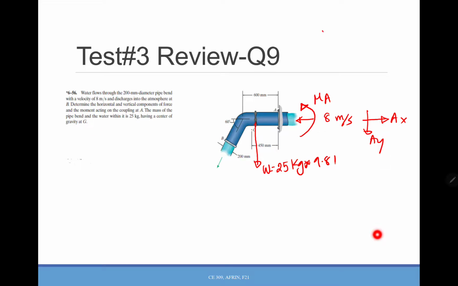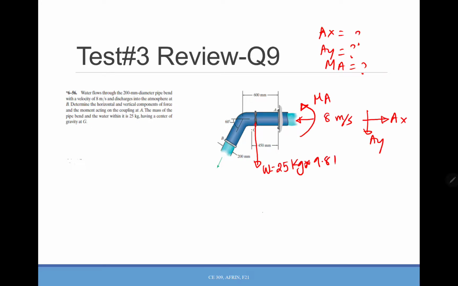Okay, so you need to find AX, AY, and MA. For finding MA, you need to know the pressure force here or something, like at B, because that will create a moment around A. So let's work with AX and AY first.